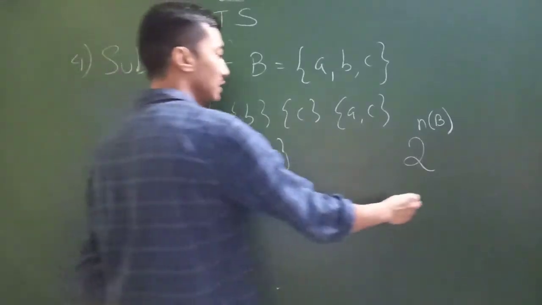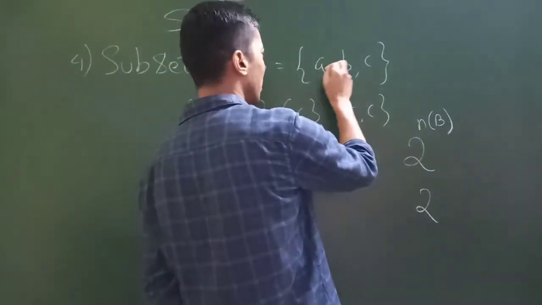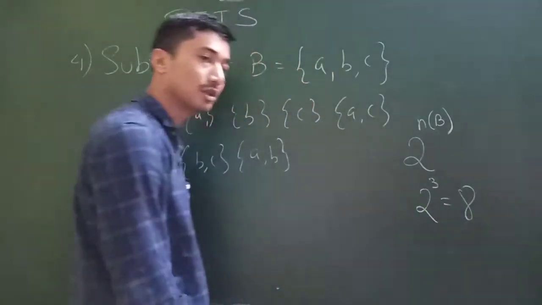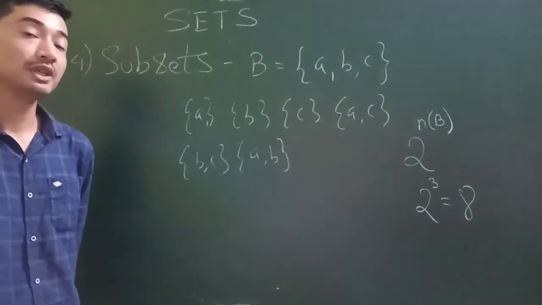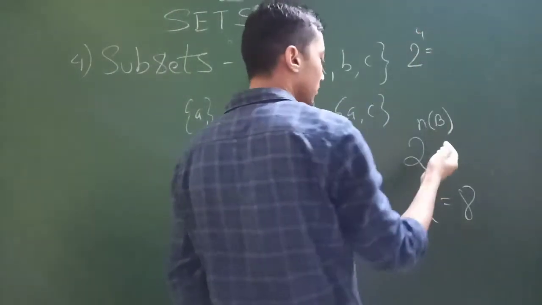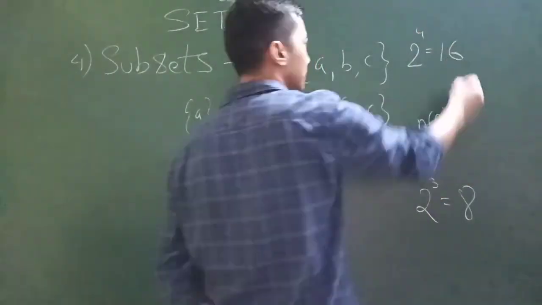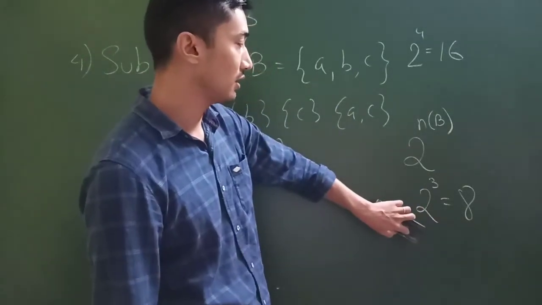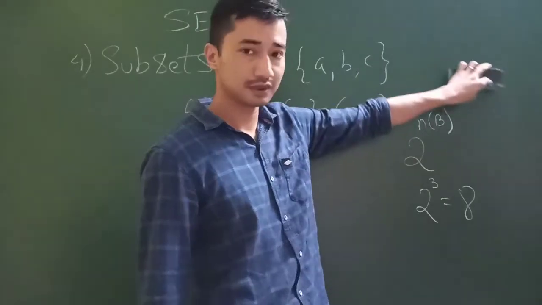Here there are 3 elements, so 2 to the power 3 is 8. So that's why I told you there will be 8 subsets. For example, if you have 4 elements, then 2 to the power 4 is 16, so you'll have 16 subsets. Written down, no? This formula.